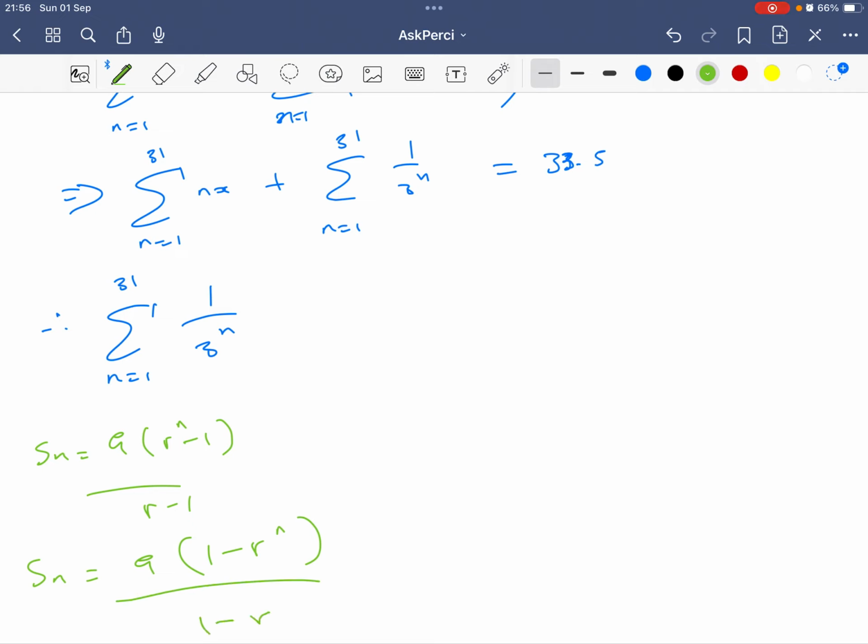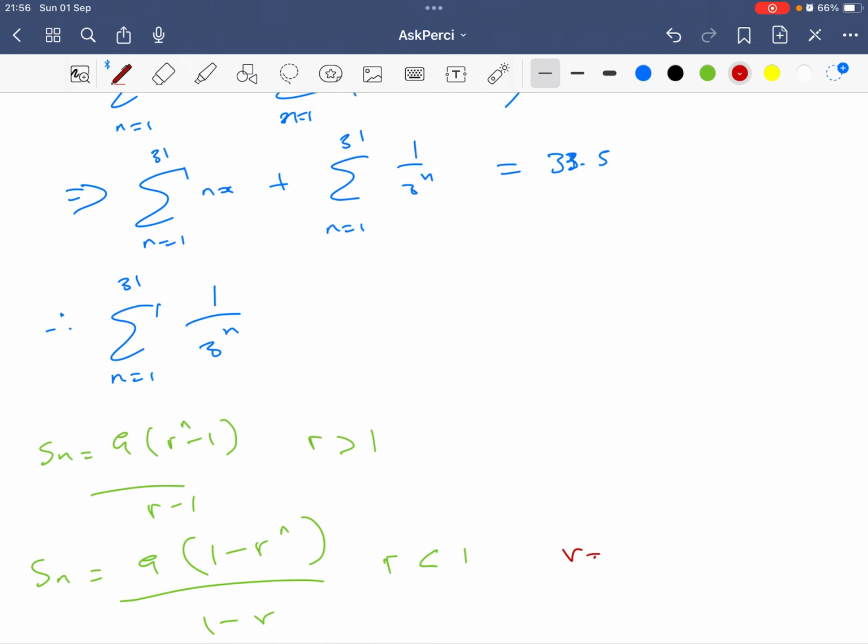You use the first one if r is greater than 1, and the second one if r is less than 1. Our r in this case is 1/3, and 1/3 is less than 1. Therefore we are going to use this formula.